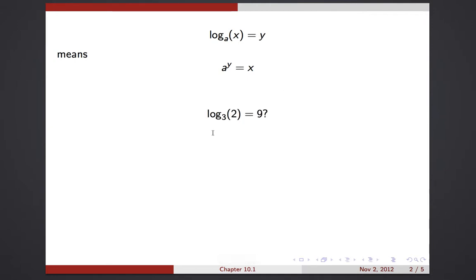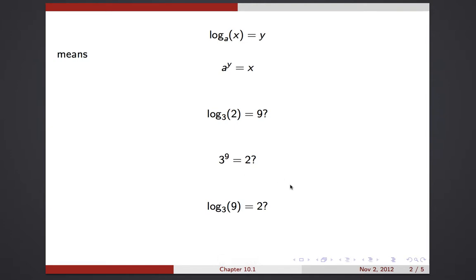So just for example, somebody could ask you, is log base 3 of 2 equal to 9? Is that true? To check that, all you do is take 3 to the ninth and ask yourself if you get 2 or not. Of course 3 to the ninth is humongous, 3 to the ninth is not 2, so the answer is no here.